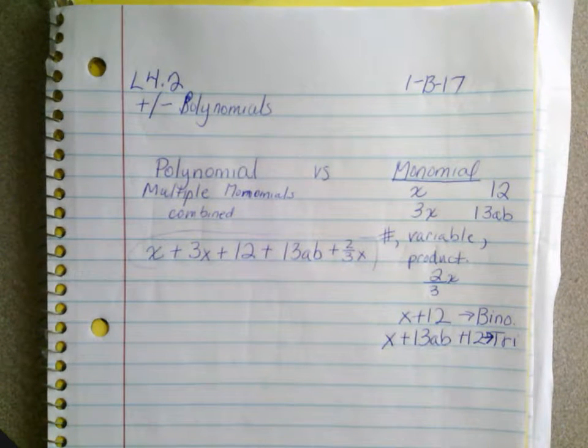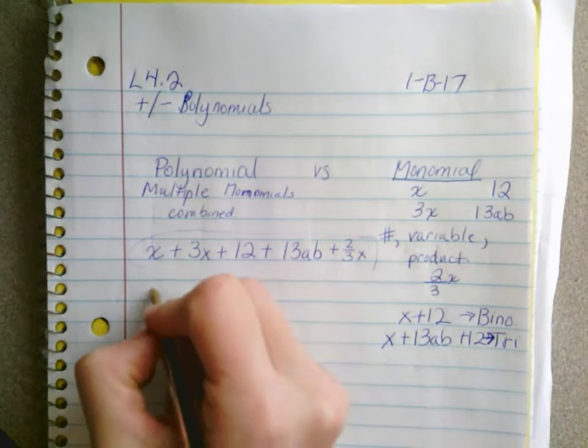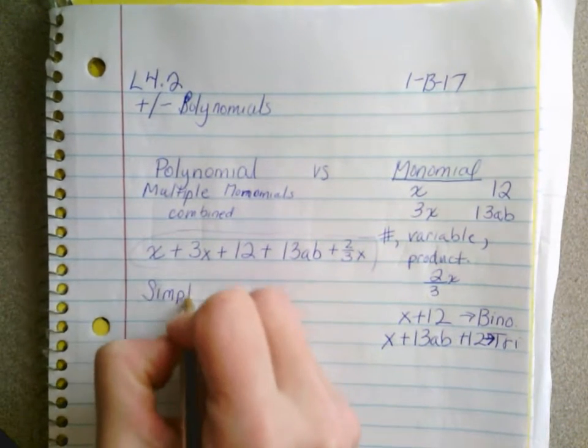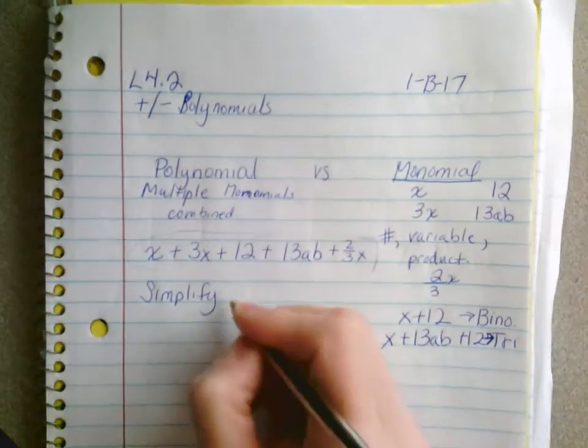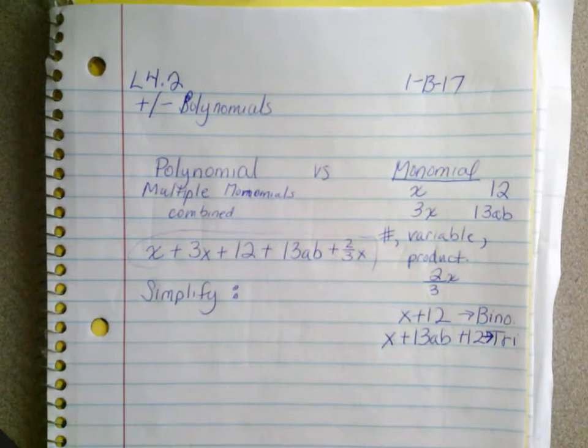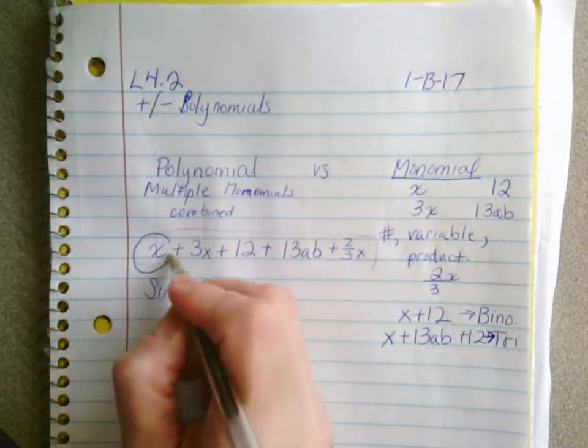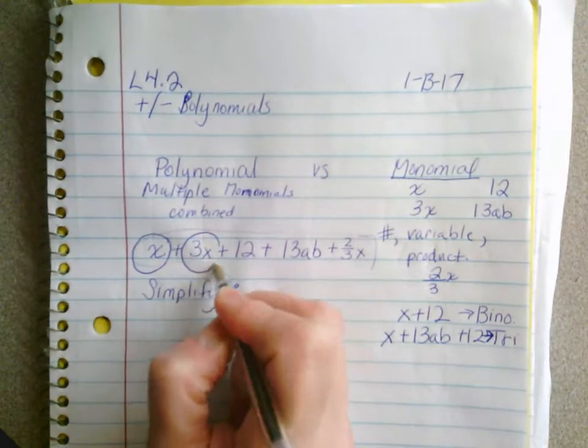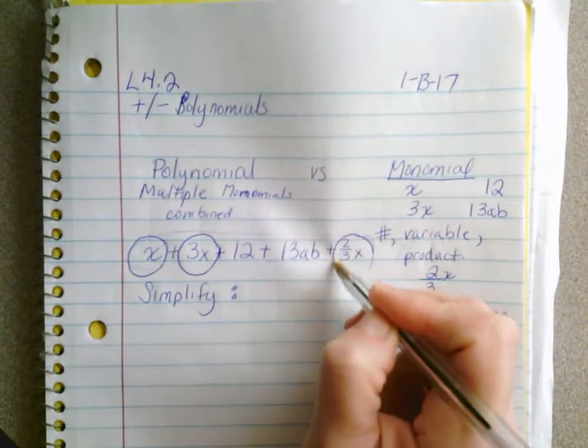Now, to simplify such things, we combine like terms. And in that example that I wrote up here, the only things that are the same are 1x, 3x, and 2/3 x.